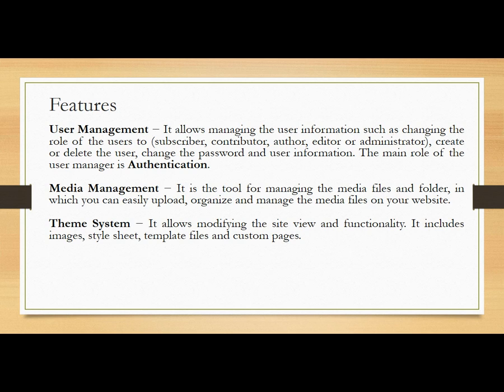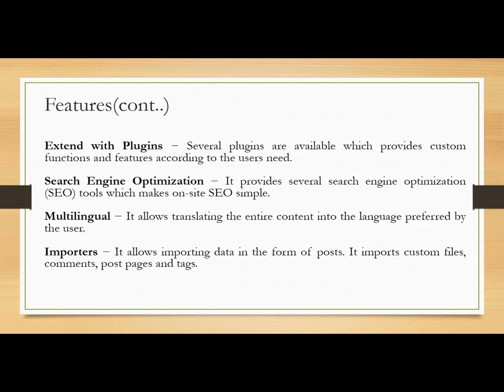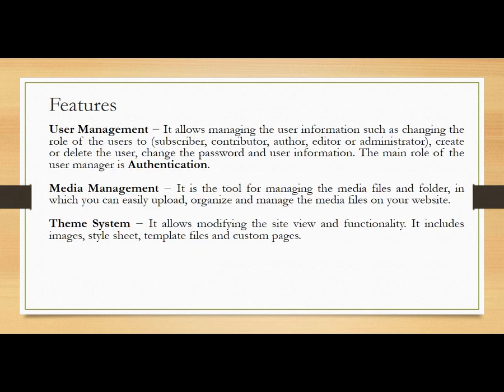First is user management, second is media management, third is theme management, then a rich set of plugins, search engine optimization, multilingual support, and the last one is importers. In WordPress, these are the features due to which it is more powerful than core PHP.